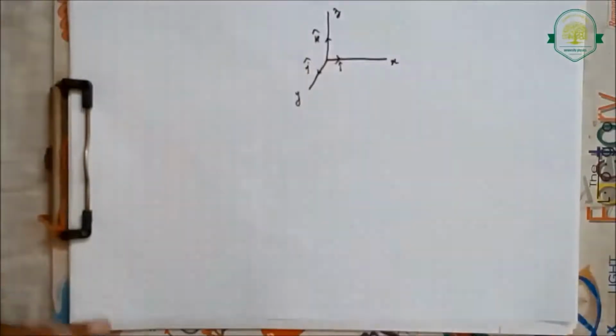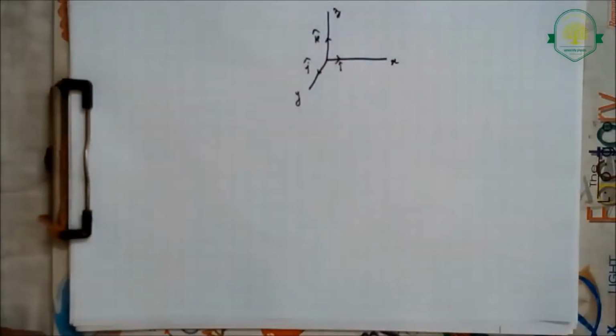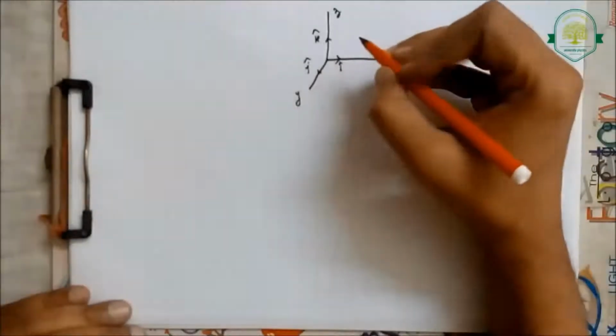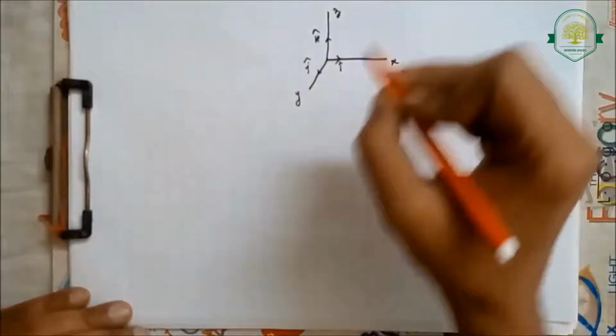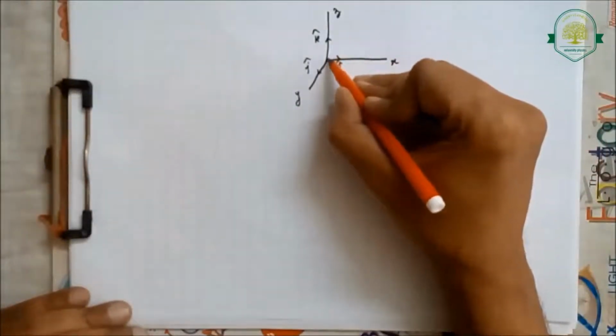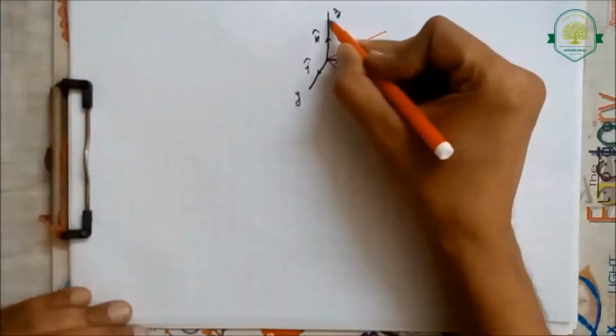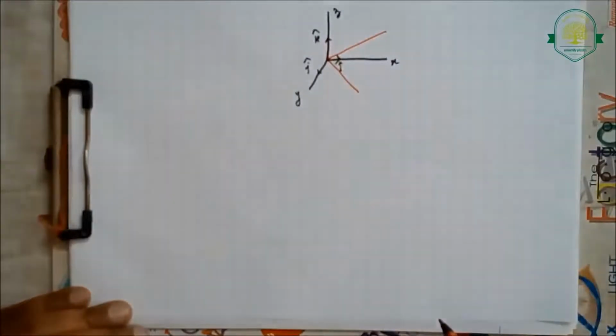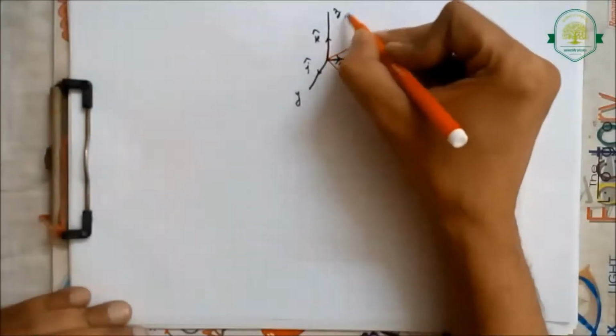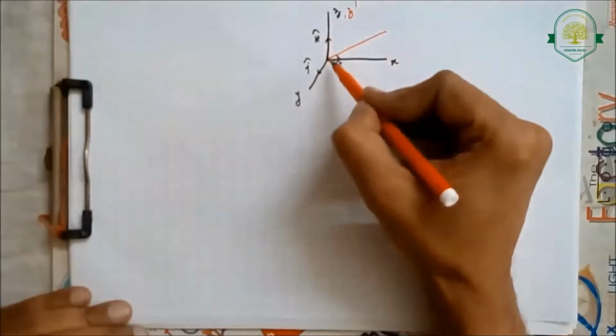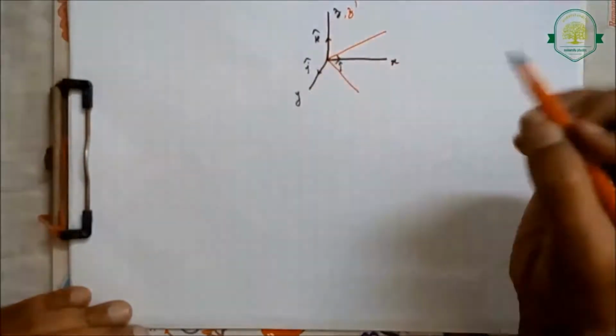Now let us imagine another frame of reference that is rotating with respect to the ground frame. Say this is our axis, the z-axis is the same for both of them, so this line represents both the z-axis and the z-primed axis.